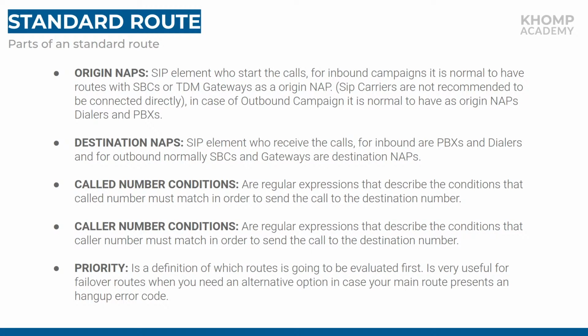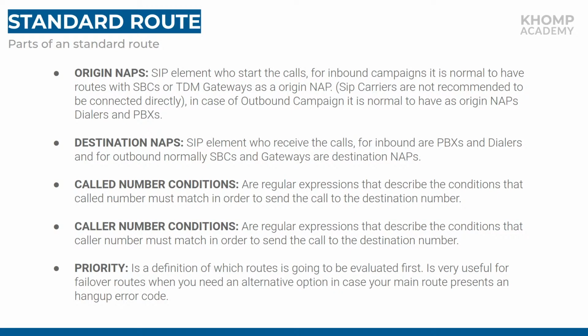If you have an outbound contact center or an outbound campaign, the origin NAP will be the dialer or the PBX in that scenario, and your destination NAP will be the element that connects you to the PSTN.